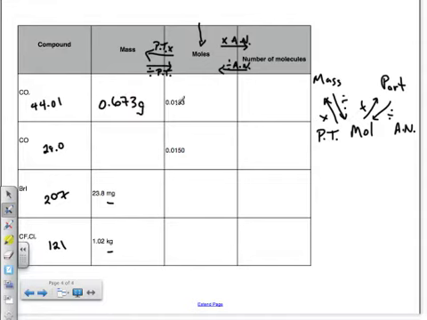All right, so I multiply times the molar mass. And then I took those moles that are in the middle and I multiplied times Avogadro's number. Okay.